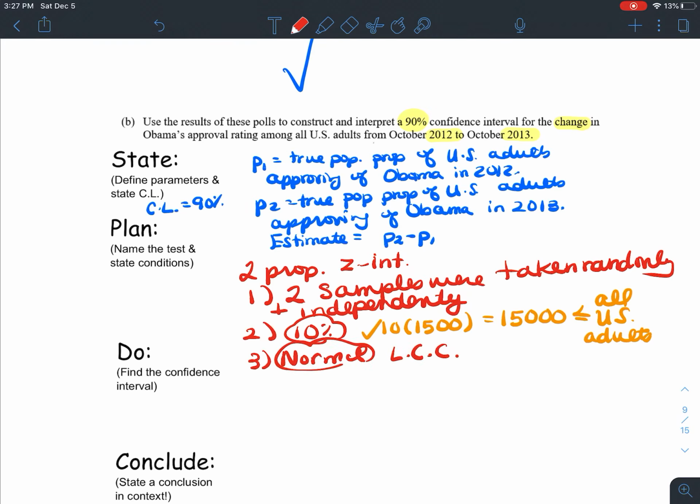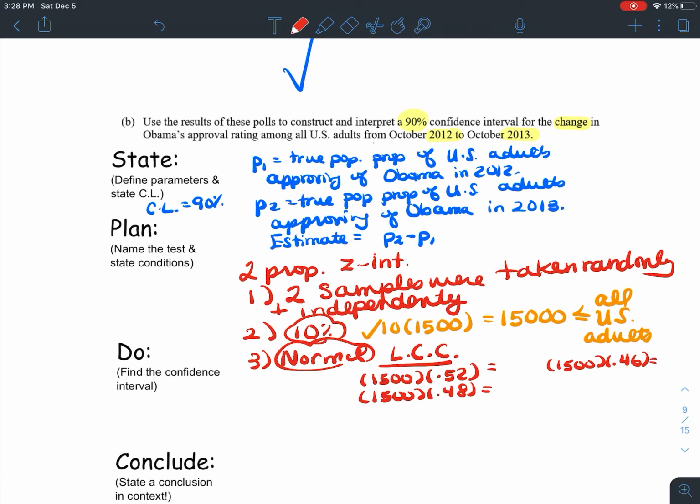Okay, and then the normality condition, which is the large counts condition. We're going to show that for 2012, N times P, and then we need N times 1 minus P. I need to show what number those are here.